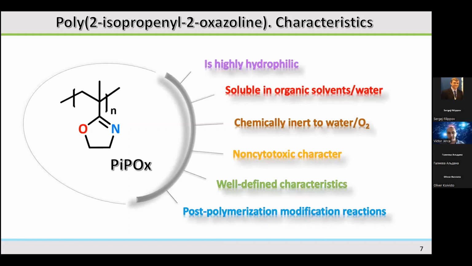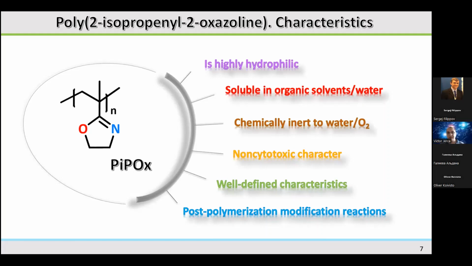And now, why we are so interested in working with this polymer is because it has several interesting characteristics. These characteristics are related to its water solubility and solubility in organic solvents such as chloroform, THF, dimethylformamide, acetonitrile, and so on and so forth.